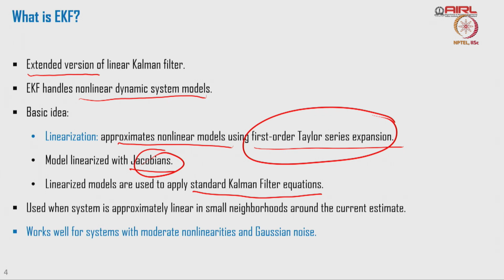Extended Kalman filter is used when the system is approximately linear in small neighborhoods around the current estimate. So, if the nonlinearity is not moderate, then sometimes we can face some problems with extended Kalman filter as well, but it works well for systems with moderate nonlinearities and Gaussian noise. Fine.